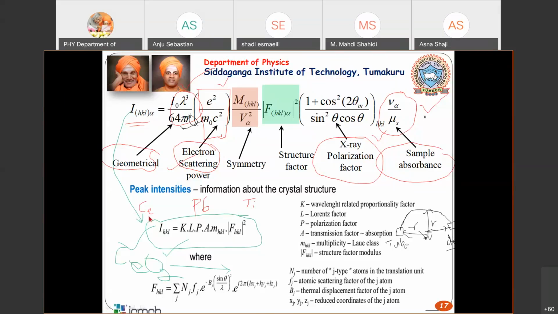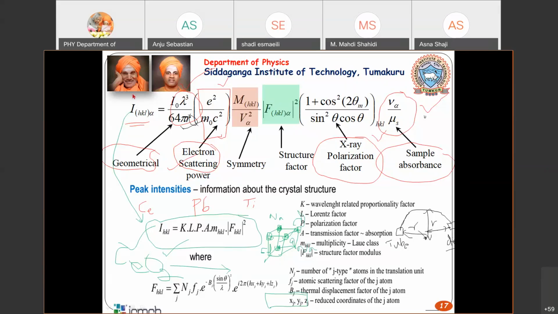Even cerium would have some small displacement. Even at room temperature, which is already 300 Kelvin, there is some thermal energy. So even if you take cerium oxide data at room temperature, there will be some thermal displacement of cerium and oxygen, because it is already having some energy.